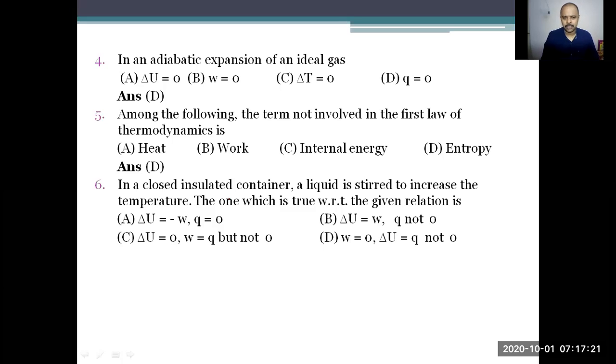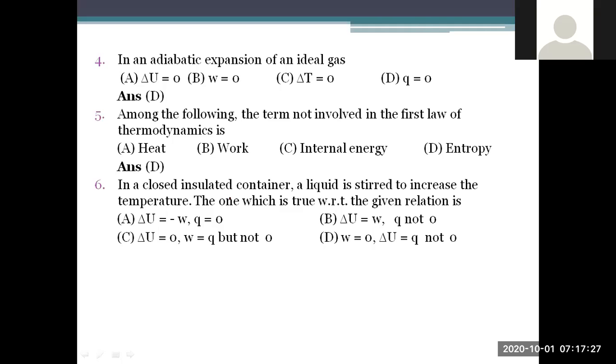A process that takes place in an isolated system is isothermal or adiabatic? Adiabatic. So for an adiabatic process, heat change Q is equal to 0.